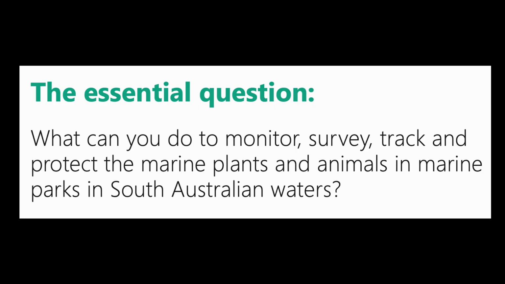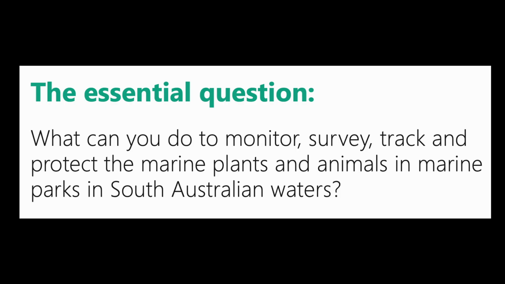The essential questions as outlined in the resources are a wonderful starting point for project-based learning. The Year 5 and 6 essential question, I actually call it a question suggestion, asks students, what can you do to monitor, survey, track and protect marine plants and animals in South Australian waters?